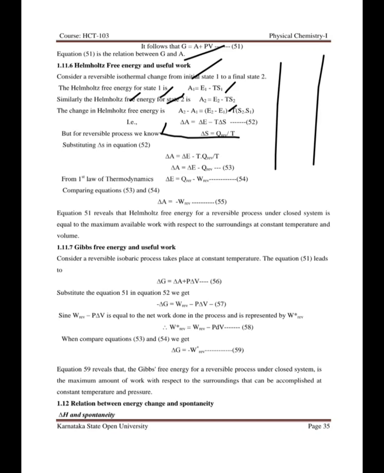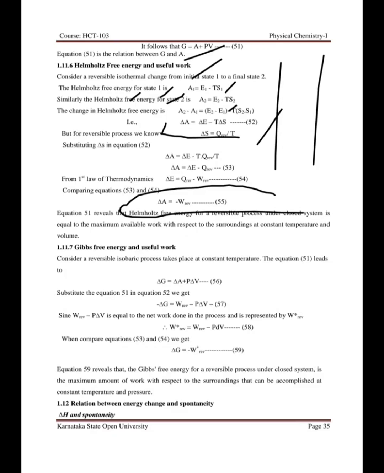Further, we substitute delta A is equal to delta E minus T delta S, where we subtract A1 and A2 to get the value of delta A, the Helmholtz free energy for useful work.